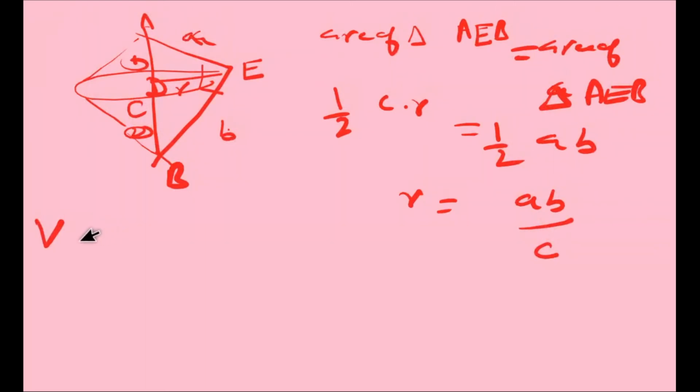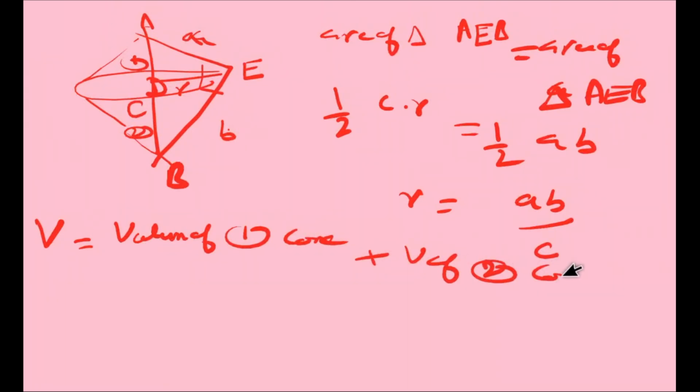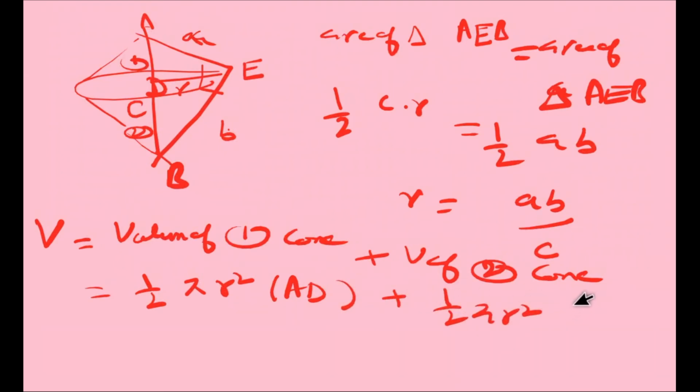Now volume equals volume of the first cone plus volume of the second cone. So you can see half into pi r square h, where h is AD, and here half pi r square, the radius is the same, height is DB.